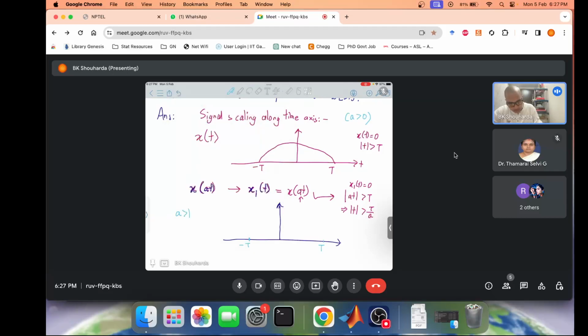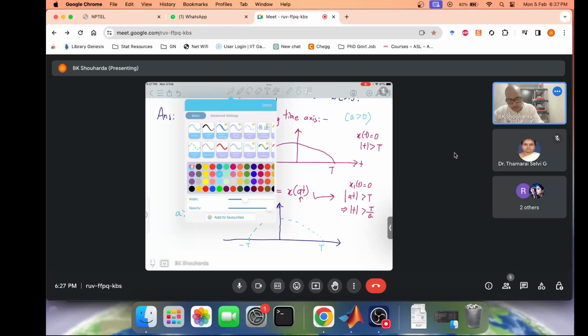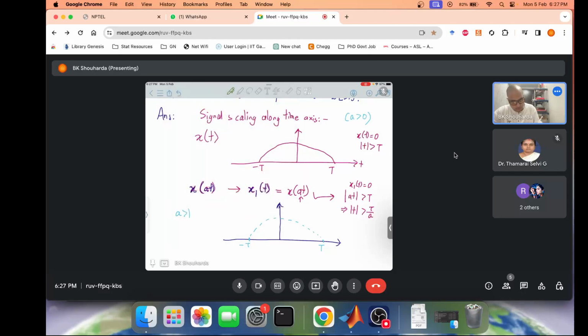Let me draw my original signal for the sake of completeness. So if a is greater than 1, t upon a will be less than 1. So let's suppose our x of t looks like this. So our signal will look something like this.